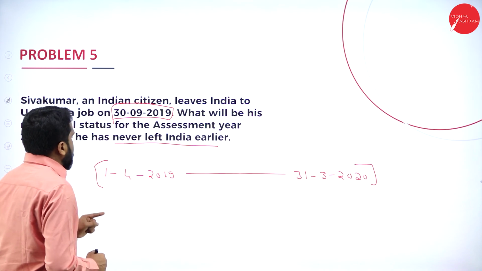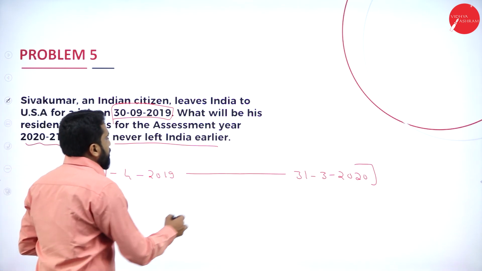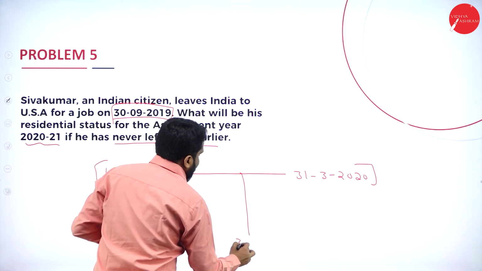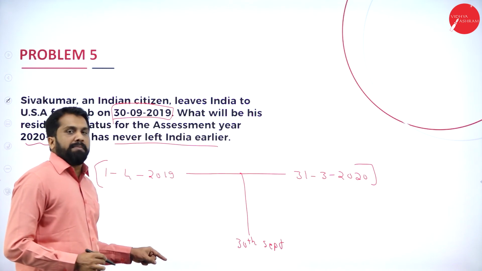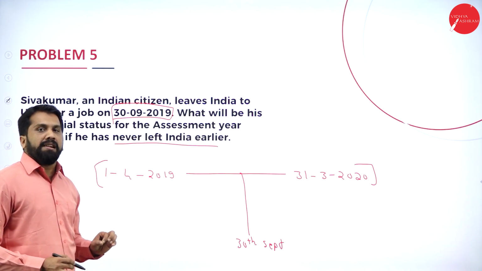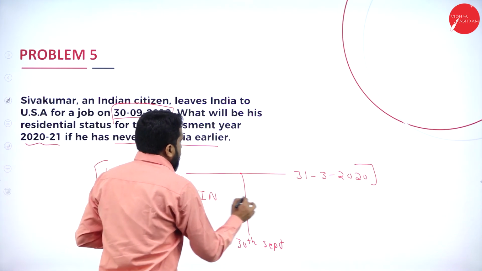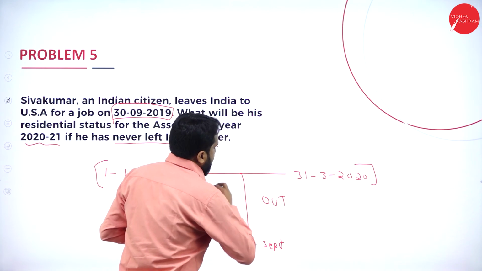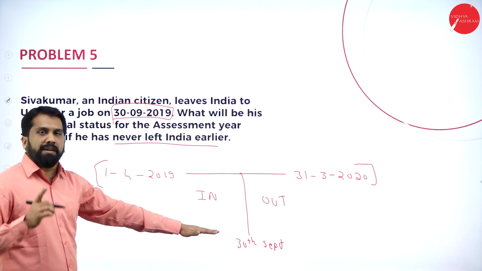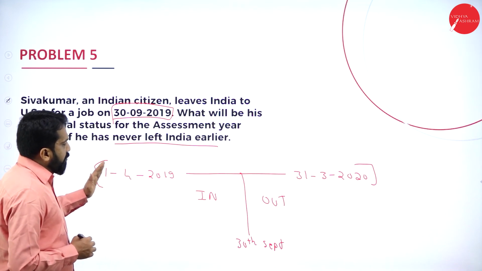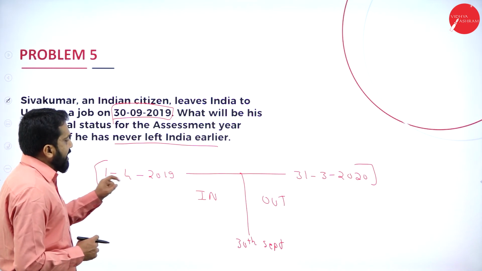Now, till when was he in India? Till September 30th. Now we'll calculate how many days he was in India and how many outside India. From 1st April to 30th September, we don't want before, we want from 1st April.